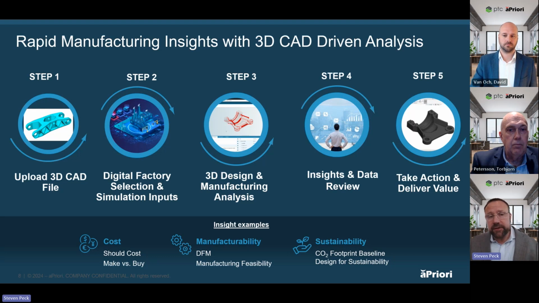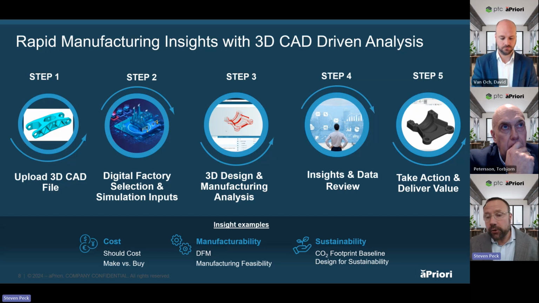So from the product definition, we digitally simulate the manufacturing process and the operations to build that part, including all the secondary operations of finishing and inspection, for example, packaging, and bubble up these insights such that anyone within the development process can have visibility early on.